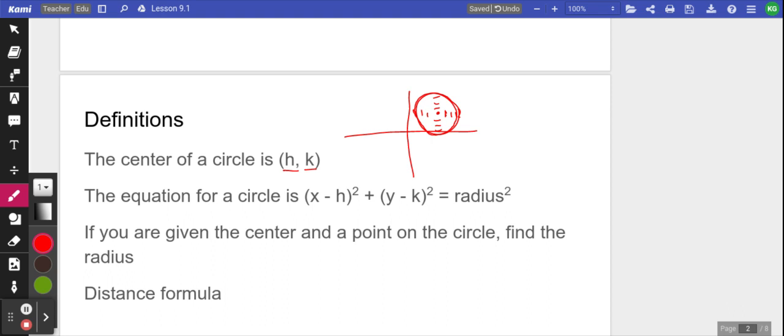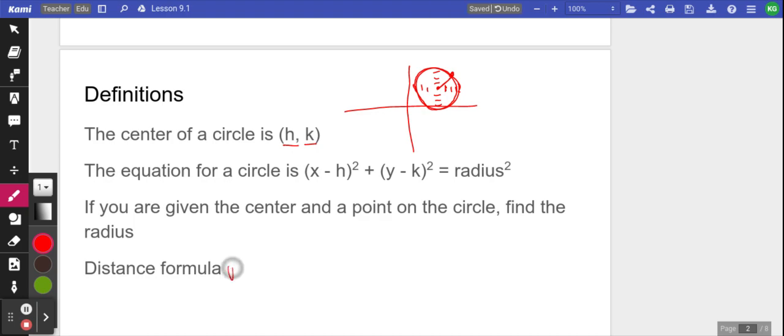In most cases, they're going to give us the center and the radius. However, if they give us the center and a point on the circle, we could find the radius by using the distance formula, which is the square root of x2 minus x1 squared plus y2 minus y1 squared.